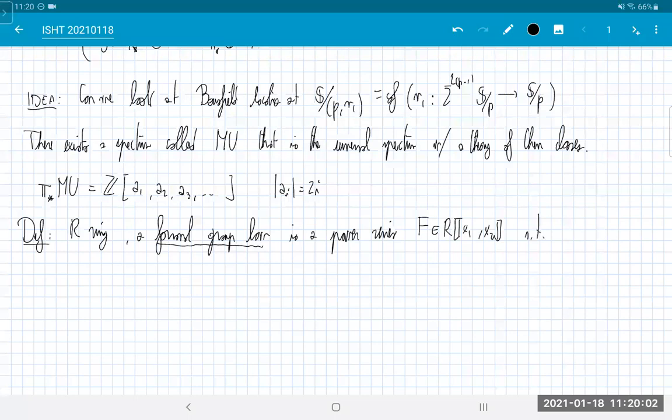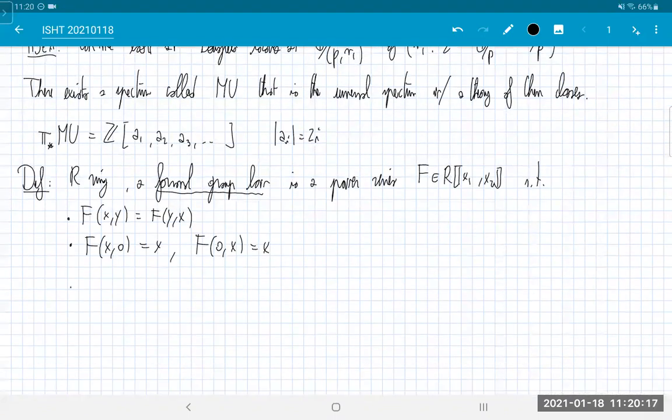Technically it's commutative and one-dimensional, so let me put the commutativity here. F(x, 0) is x, F(0, x) is x, and then I need some kind of associativity condition. And that's it.